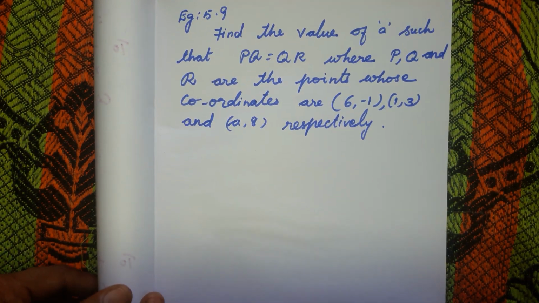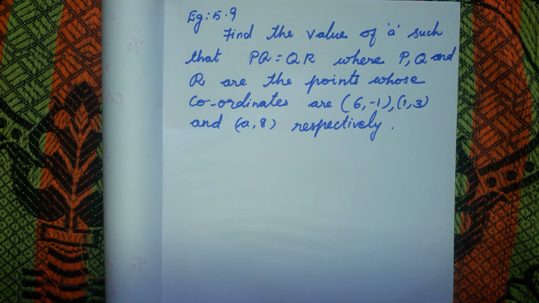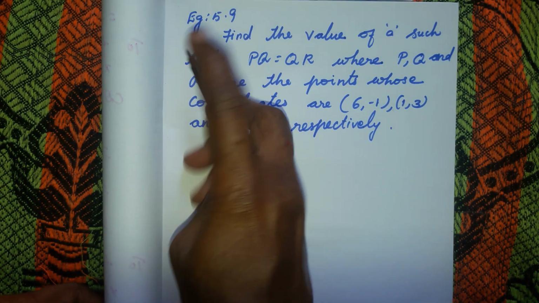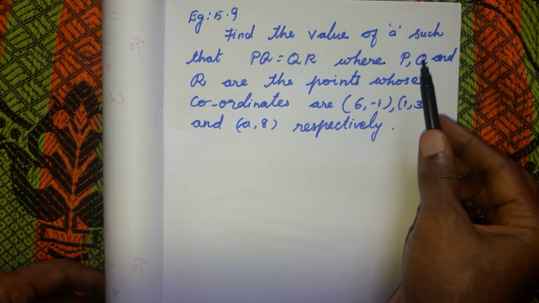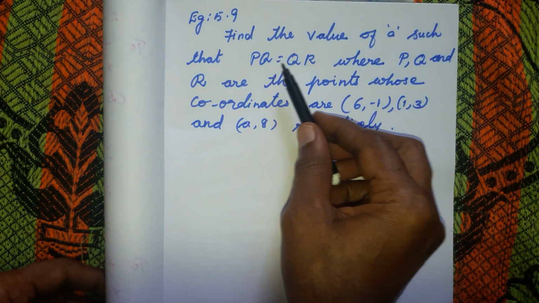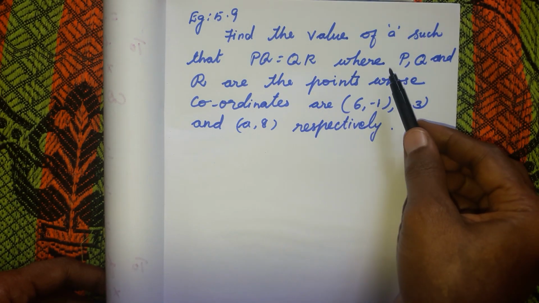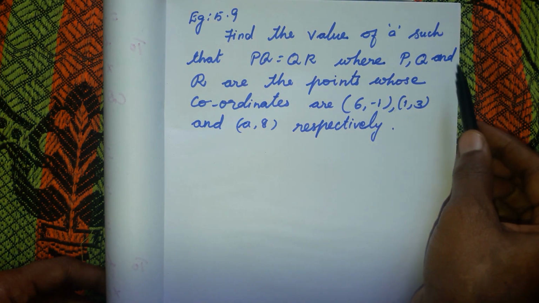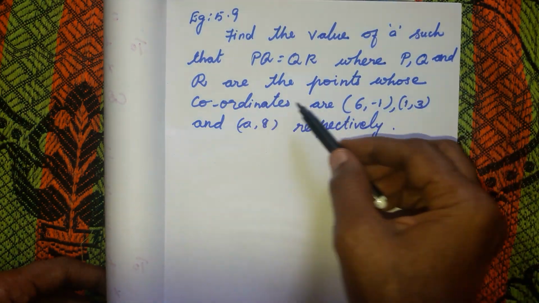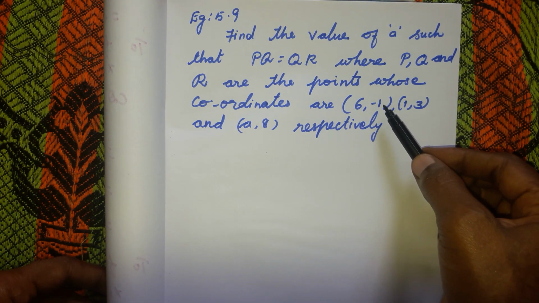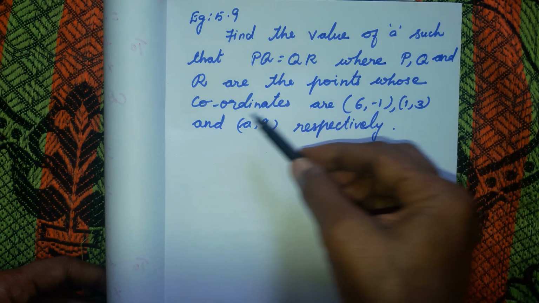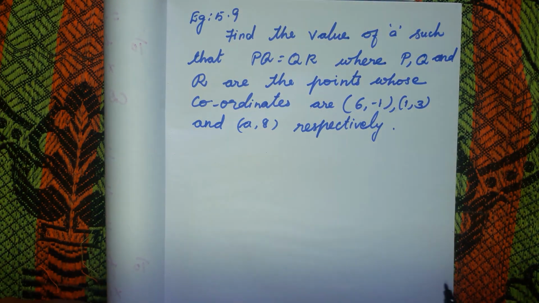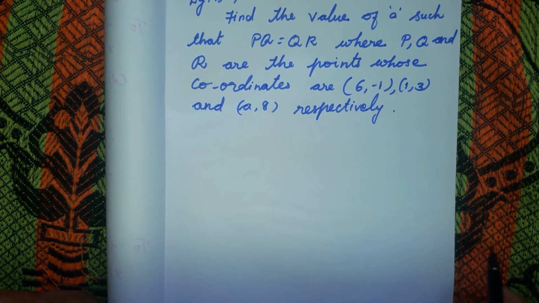Now I am going to explain example 5.9. Find the value of a such that PQ is equal to QR, where P, Q and R are the points whose coordinates are (6, -1), (1, 3) and (a, 8).